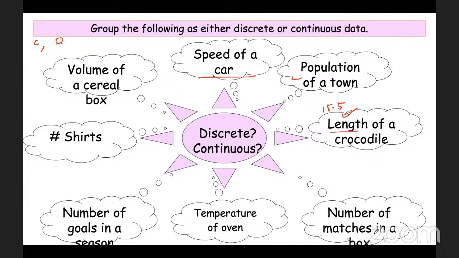Number of matches in a box, discrete, exactly. Temperature of oven, continuous. Number of goals in a season, discrete or continuous?